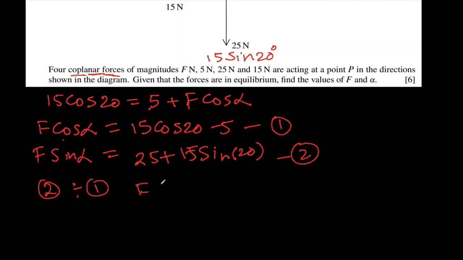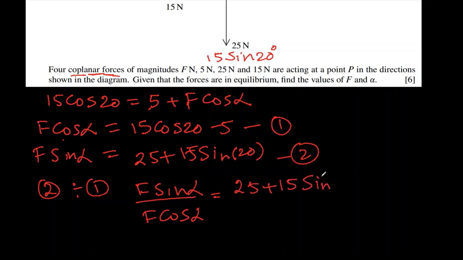So F sine alpha over F cos alpha will be equal to 25 plus 15 sine 20 over 15 cos 20 minus 5. You might be thinking that since all of them are known, why don't I put their actual values in my calculator here?